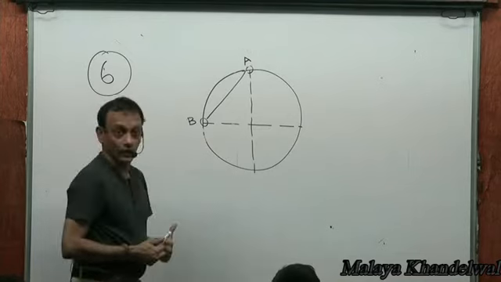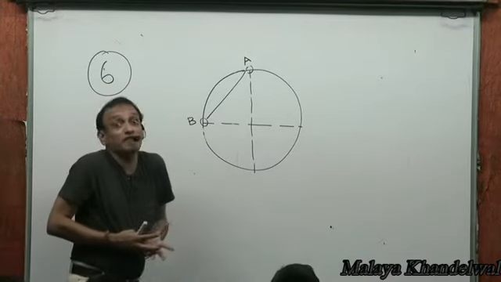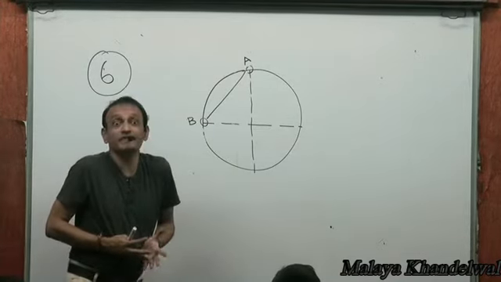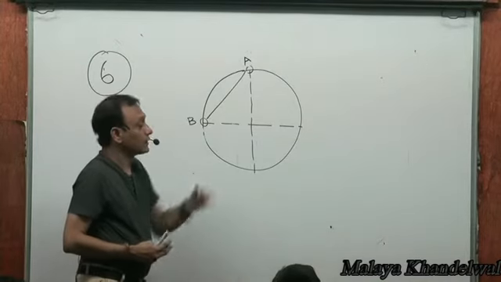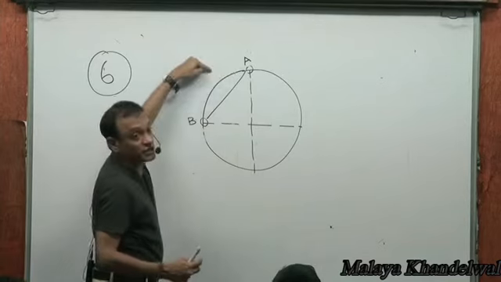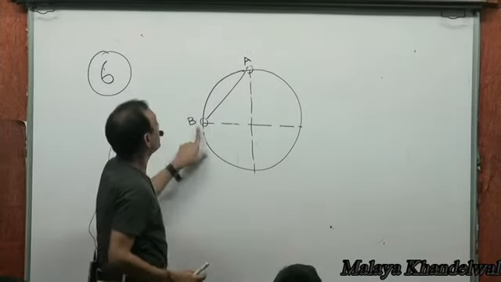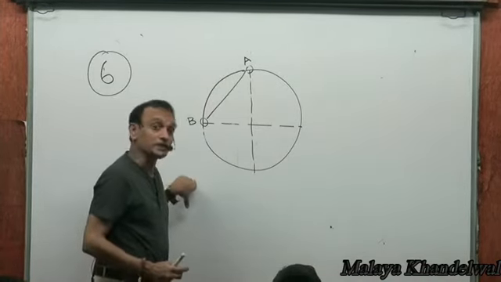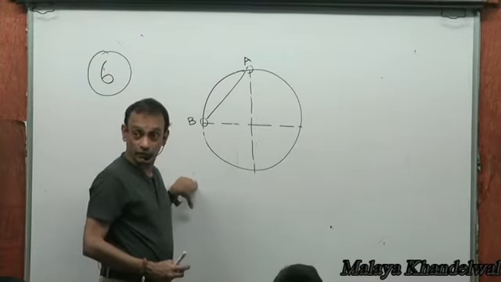Now, very clearly, right after release, A would develop a tangential velocity which is horizontal, B will develop a tangential velocity which is vertical, right?